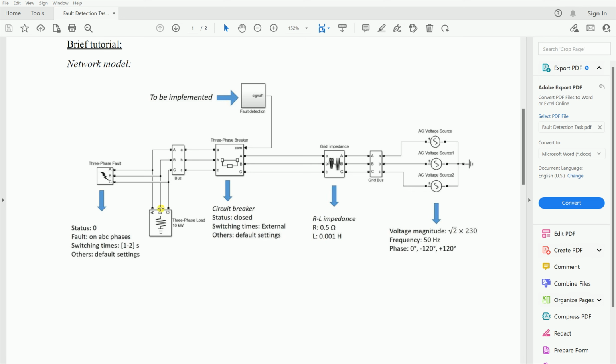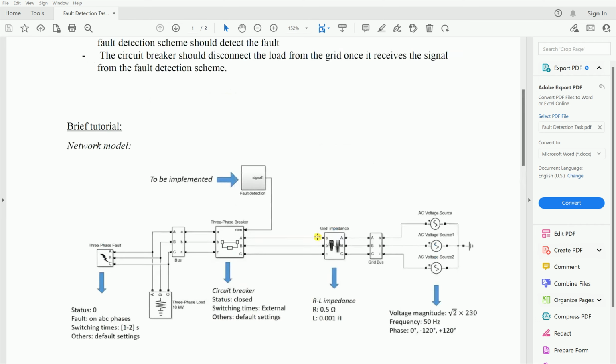At the end, we have a circuit breaker that will protect the load, and a bus that measures the voltage and current across the load. The short circuit, a three-phase line to ground fault, will occur at this bus bar. The circuit breaker will protect the system, and this is the fault scheme.